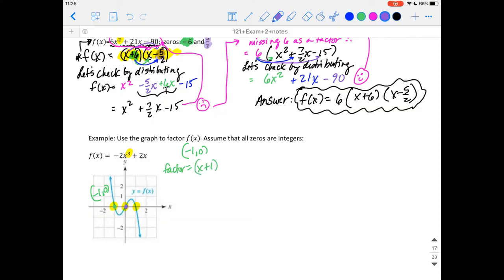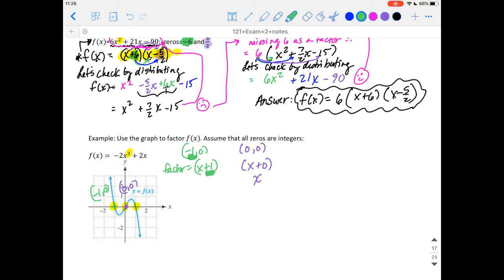For the next point, it's going to be (0, 0), and for (0, 0), technically it's x plus 0 or minus 0, doesn't really matter, but x plus 0 is really just x. And I'm going to highlight that just to make sure you know that I know that you know.